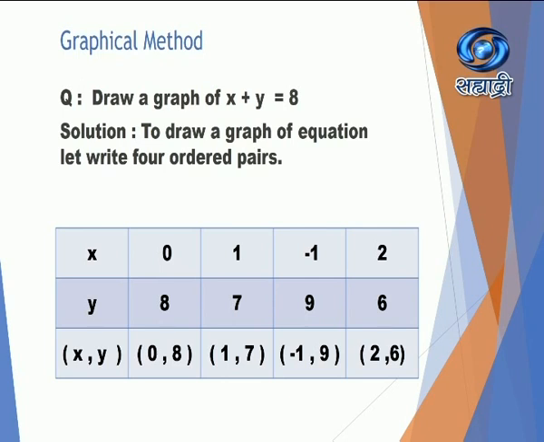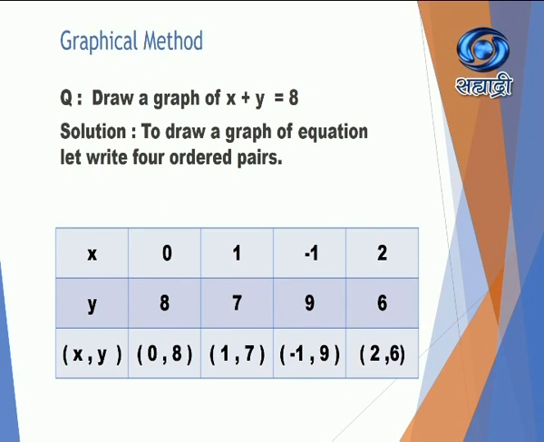If I consider x equal to 1, the y value will be 7. The x value I have chosen as minus 1, my y value comes out to be 9. And if I substitute x equal to 2, my y value comes out to be 6.